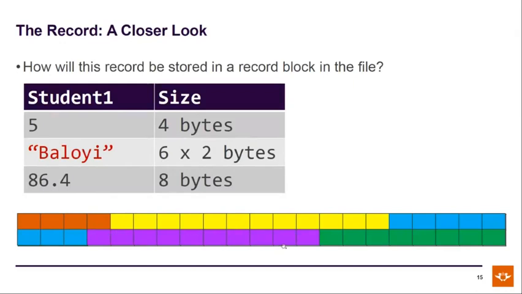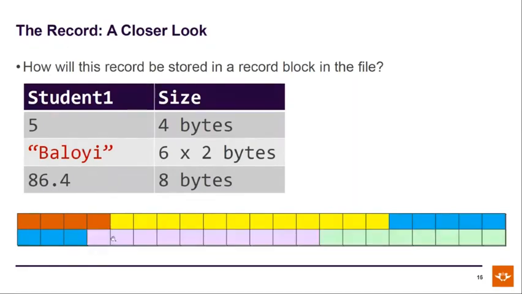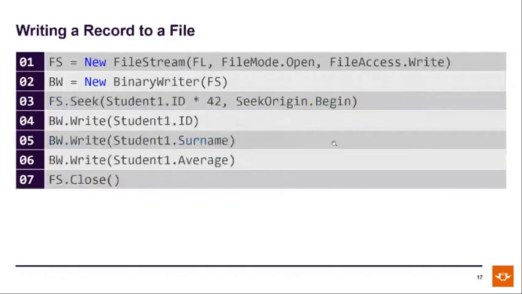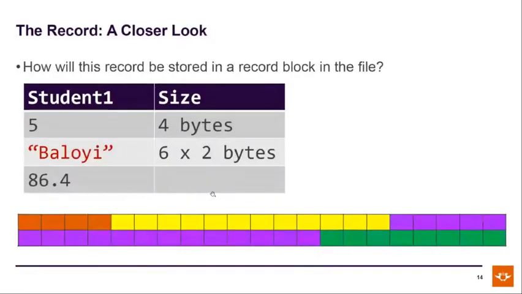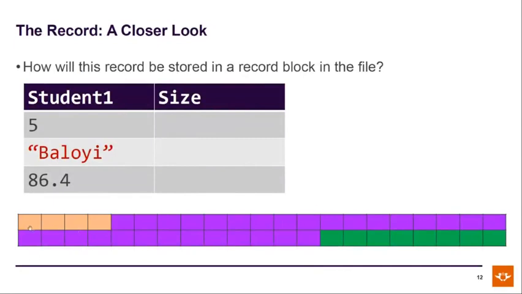That other 18 bytes will be empty, but the information will be represented as null spaces, unallocated spaces, essentially, to ensure that it is correct. So the system will see you've got 4 starting bytes for your integer, 30 bytes for your string, and 8 bytes for your double.